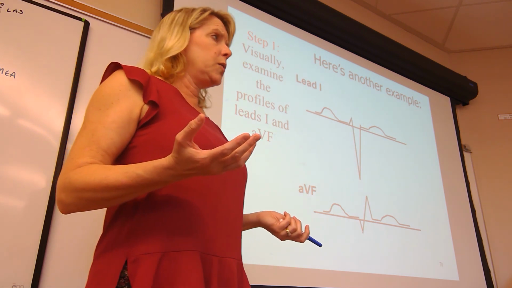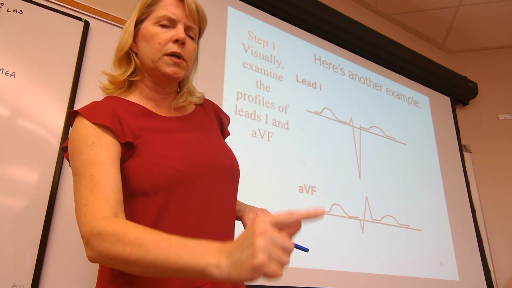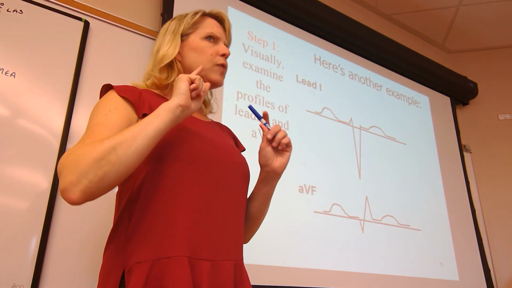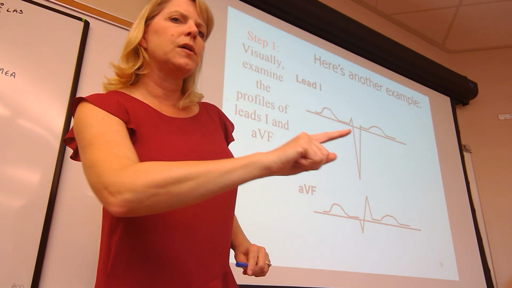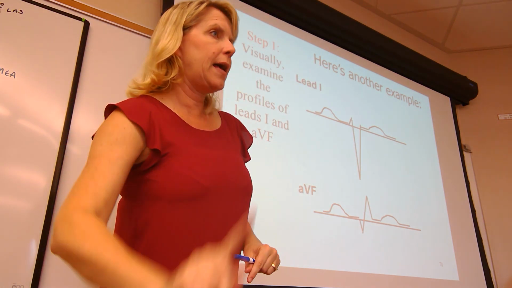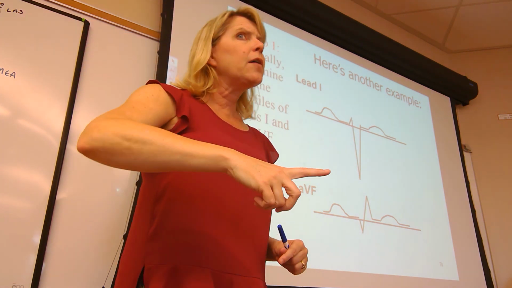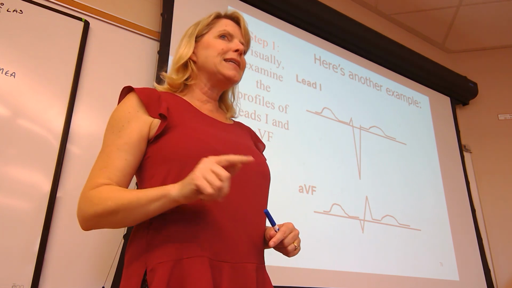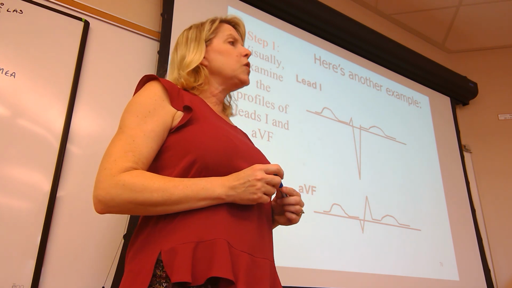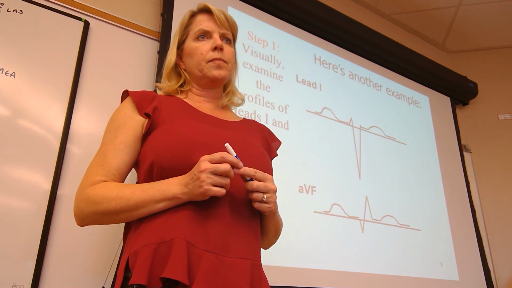Not everyone has a Q. So not everyone will have, from baseline, a downward deflection for the Q leading to an R. But everyone will have at least an R, and everyone has to go from an R to an S. Whether the R is positive or negative, everyone will have an R and has to lead to an S. But not everyone will have a Q. So you only look at the R and the S, and you take the algebraic sum.